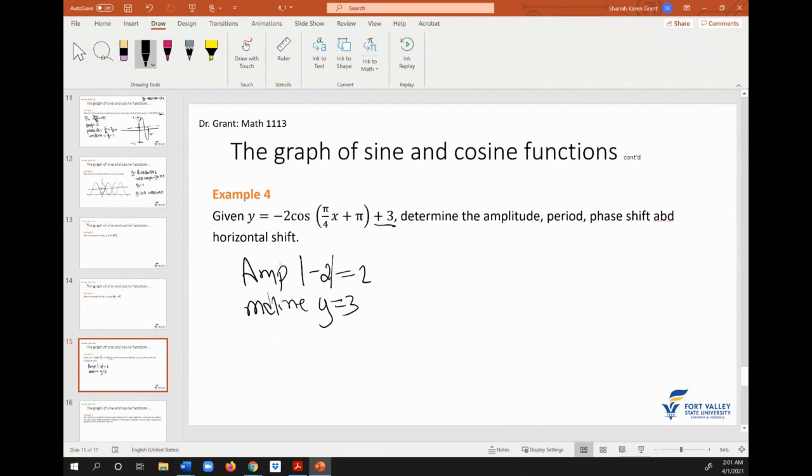We need our shift, which is c divided by b. c is pi divided by b, which is pi over 4. Keep, change, flip. That's going to give me 4.